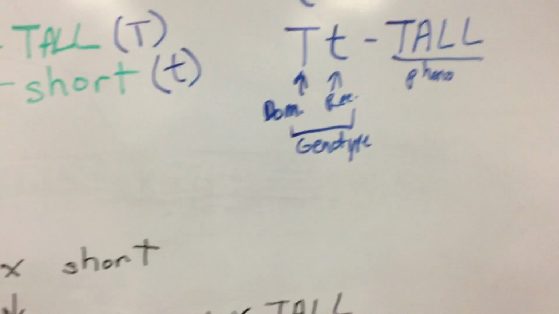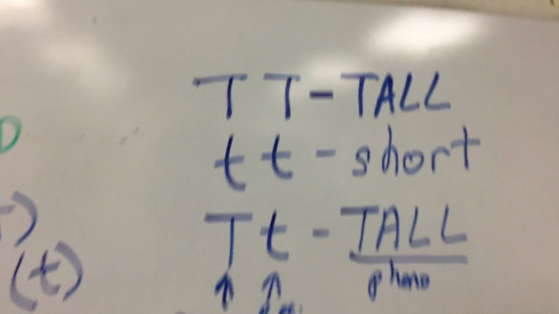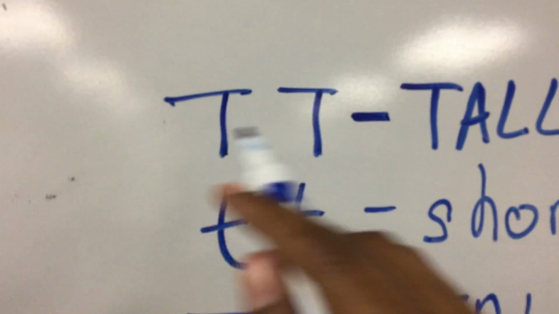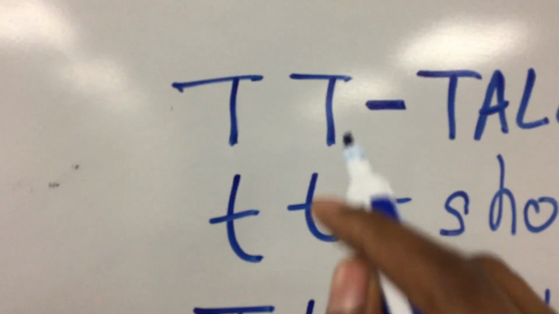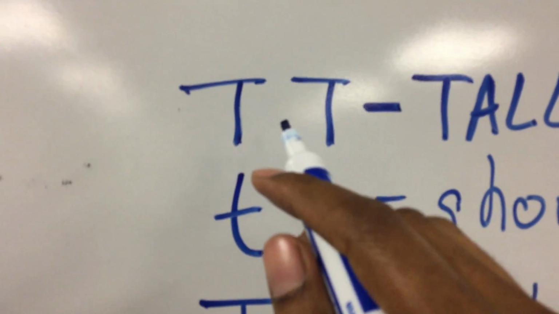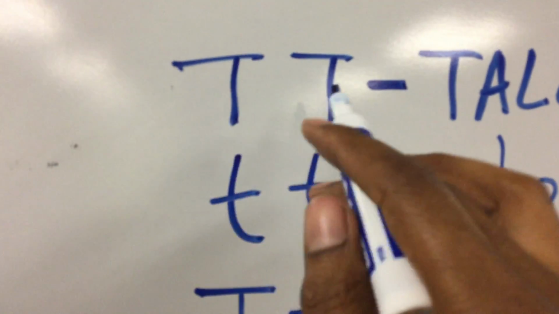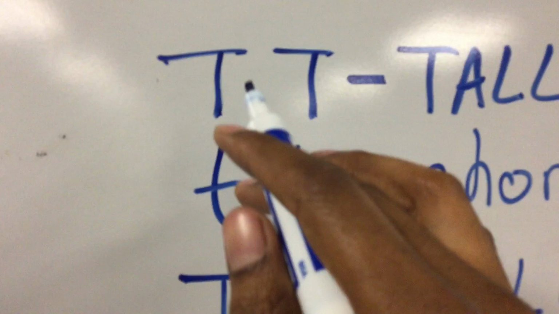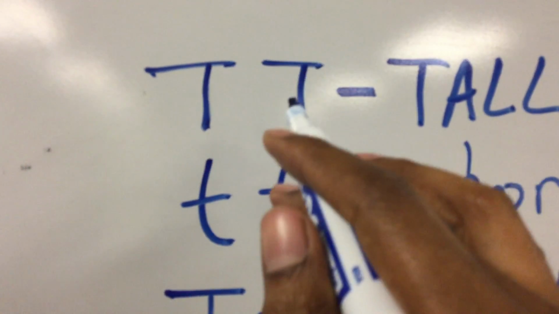So over here, what would be the genotype of this? Would this be homozygous or heterozygous? All right, this is homozygous. And are these dominant alleles or recessive alleles? Dominant, because they're capital letters.